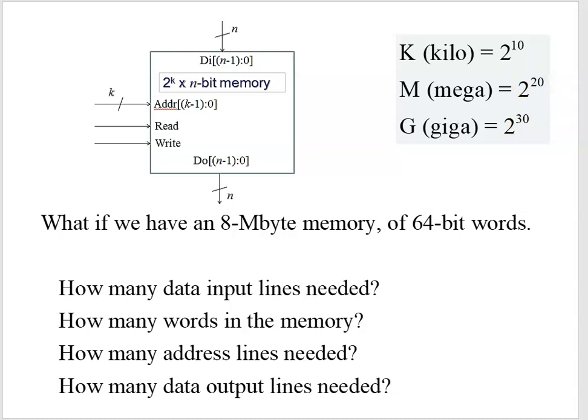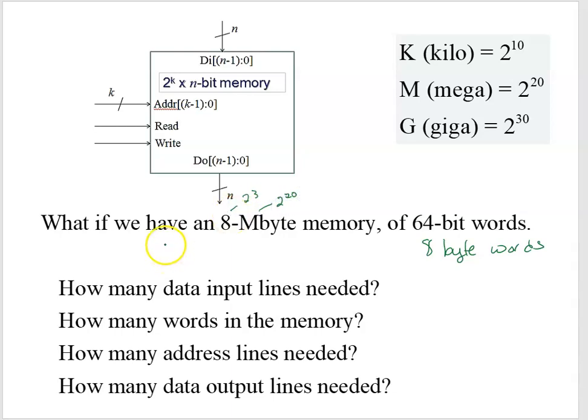So this says if we have an 8 megabyte memory of 16-bit words. So our 16-bit words, that's 2 bytes, right? So we have 2 byte words, and our 8 megabyte memory, that's 8 is 2 to the 3, mega is 2 to the 20.